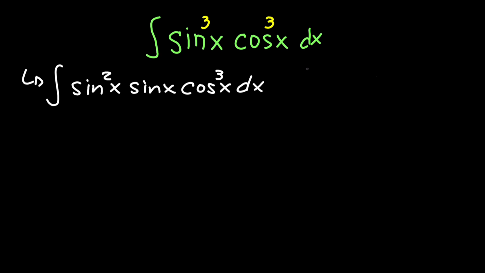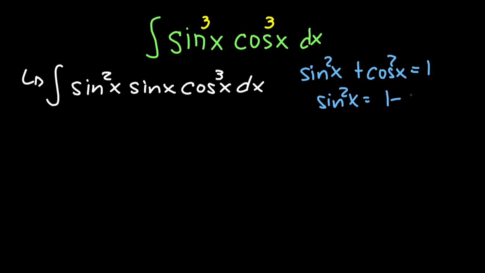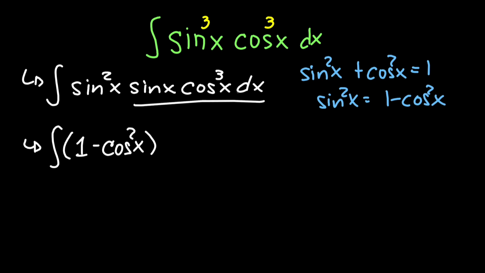Once again, for the Pythagorean identity, sine squared of x plus cosine squared of x is equal to 1. Putting cosine squared of x to the other side, you would have sine squared of x equal to 1 minus cosine squared of x. Since what we already have here is sine squared of x, just directly transform that. And copy the rest.